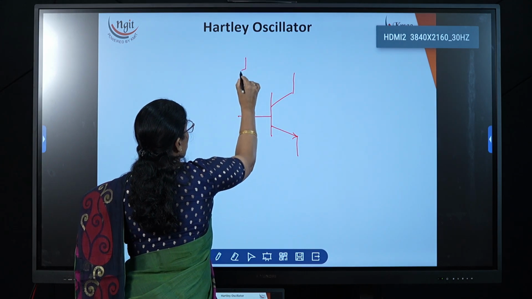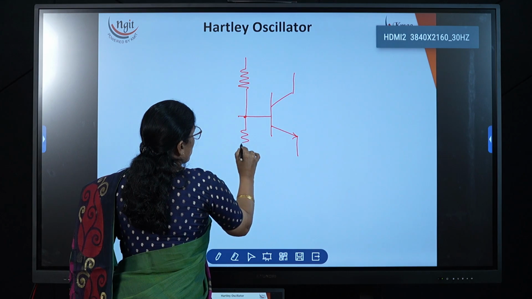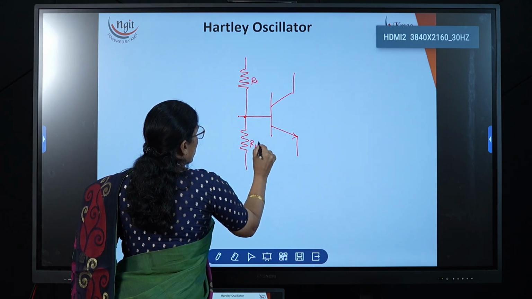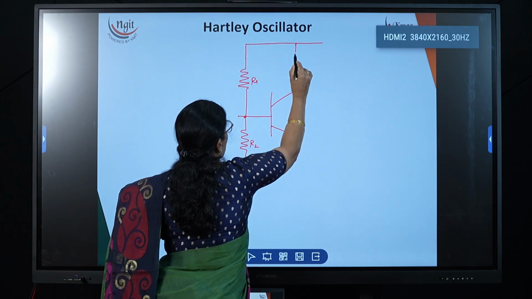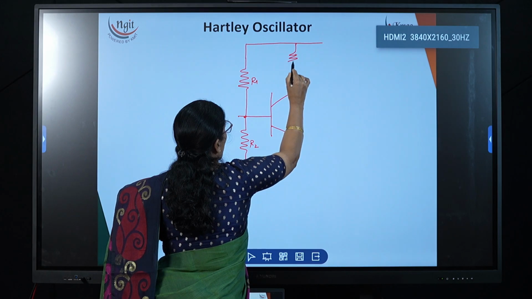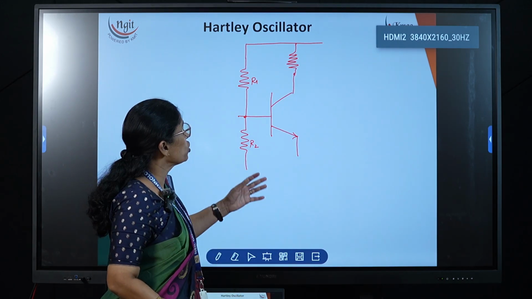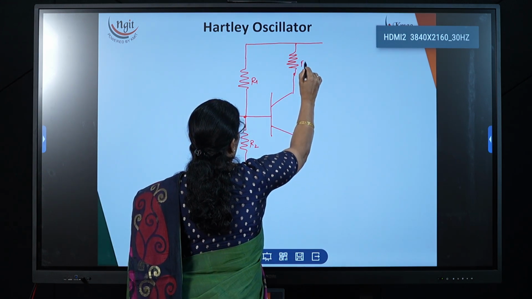Here we are using the voltage divider bias by using the two resistors R1 and R2 and a capacitor. At the collector we can use a resistor or a choke, both can be used for the load current RC.